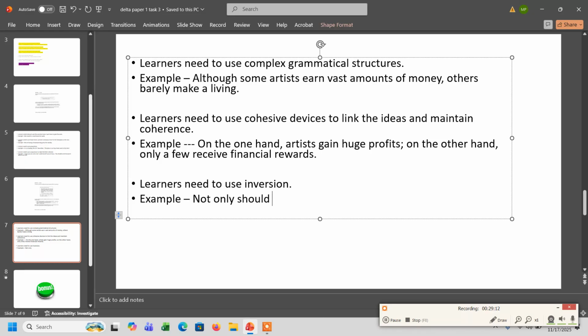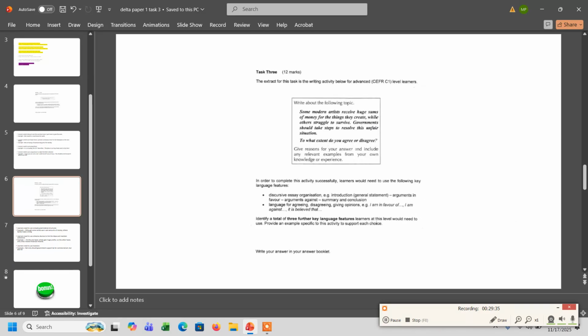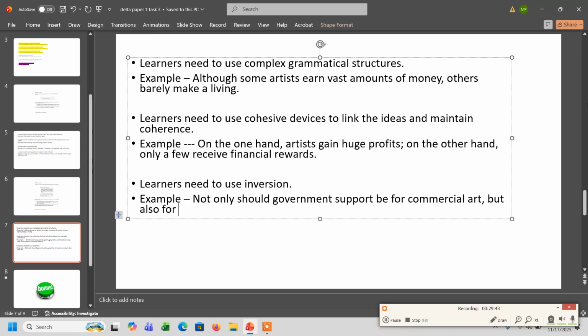So not only should government support be for commercial art, but also for those underprivileged. Oh wait, how do we spell underprivileged?